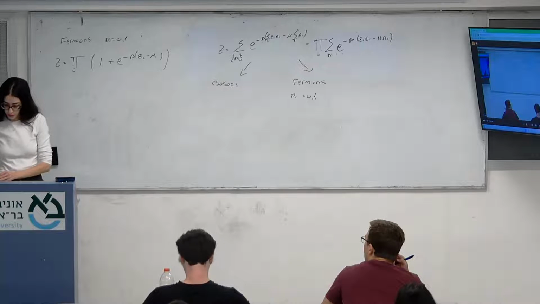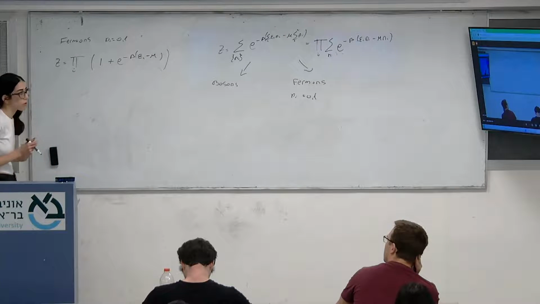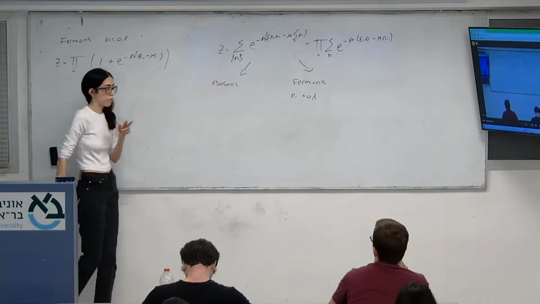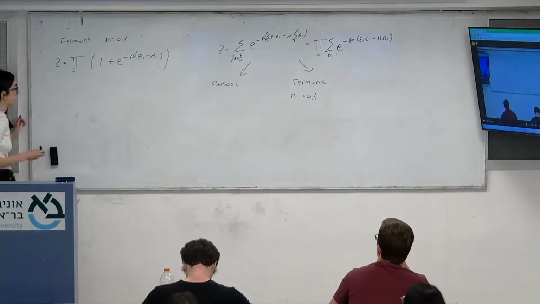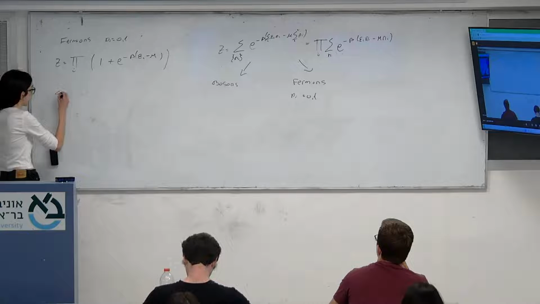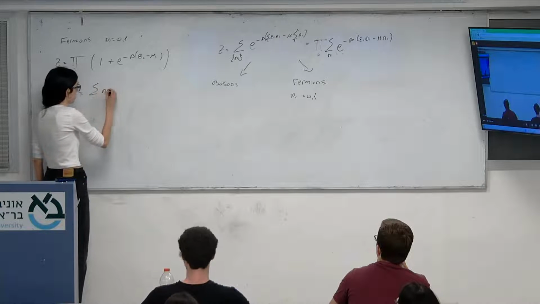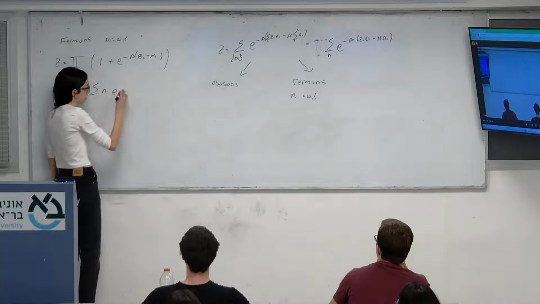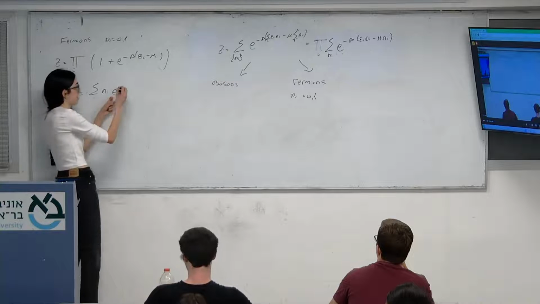Now, if we want to look at the average occupation number, to calculate the total number of particles as we defined in the beginning, we basically have two options. One is to use the regular way that we define average, so we have Ni multiplied with the probability.